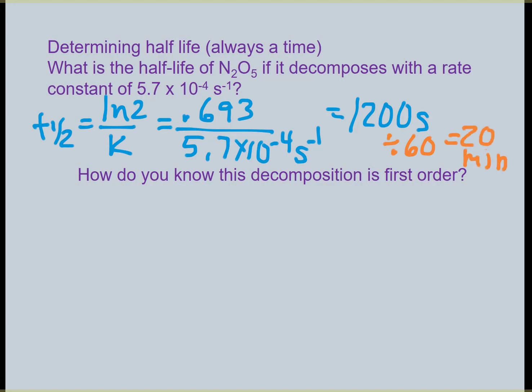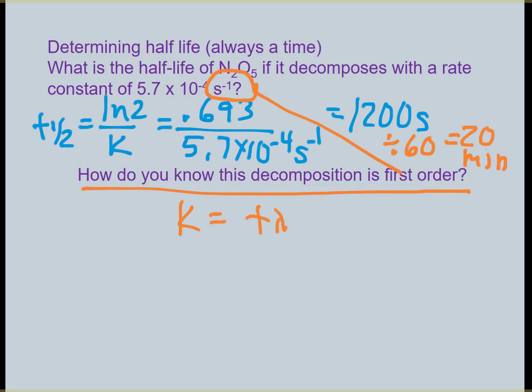And here's another question. How do you know this decomposition is first order? That refers back to the unit of k. So if k is equal to time to the minus 1, then you know it's first order. So the unit of your rate law constant will always reveal what order reaction it is. And half-life is always a first order reaction.